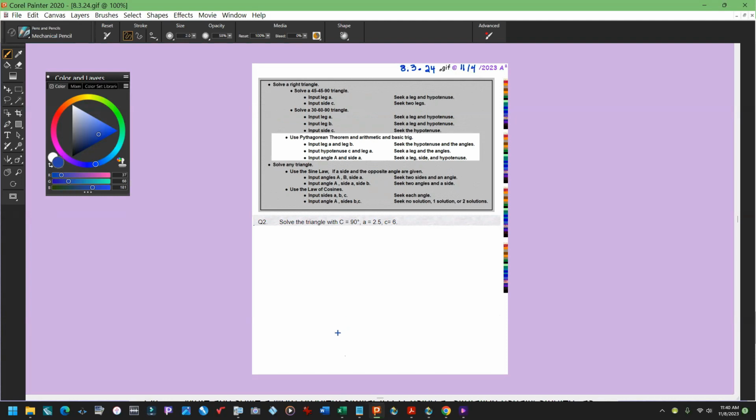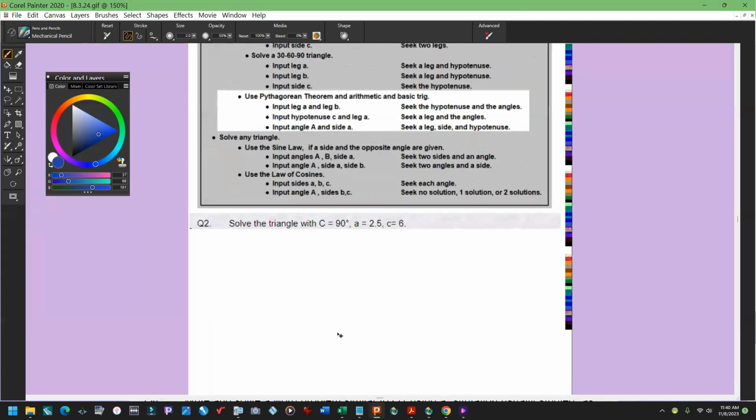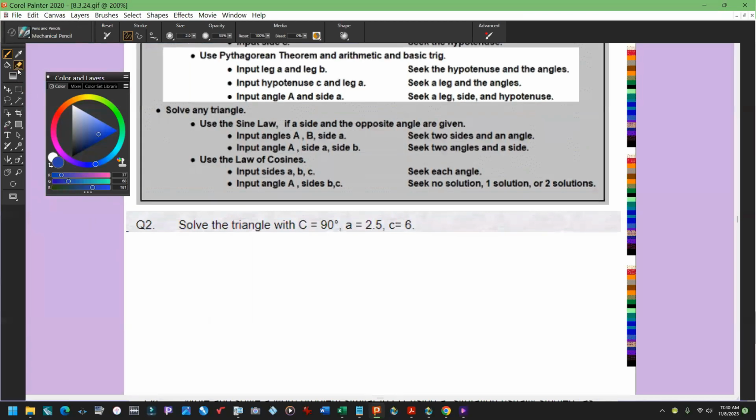I'm going to lay it out so that I can find all the pieces. Triangle C is 90 degrees. That means I can draw a right triangle.